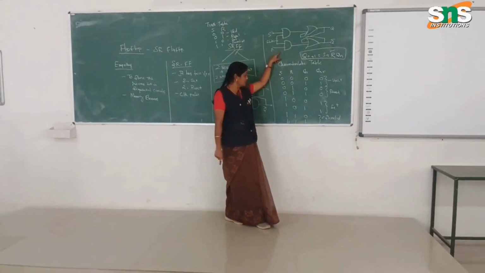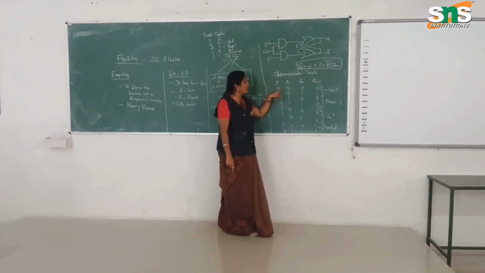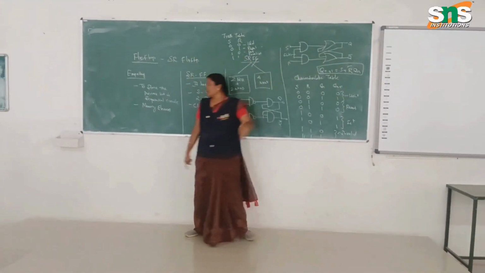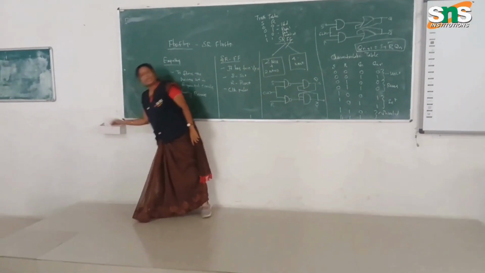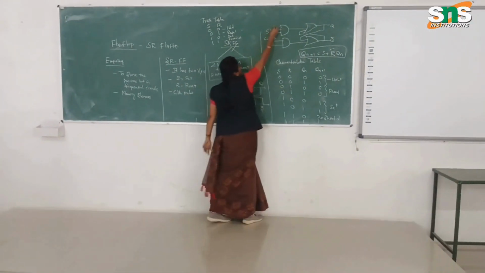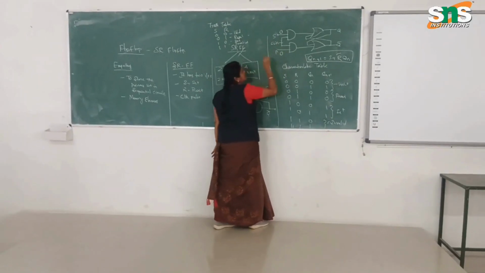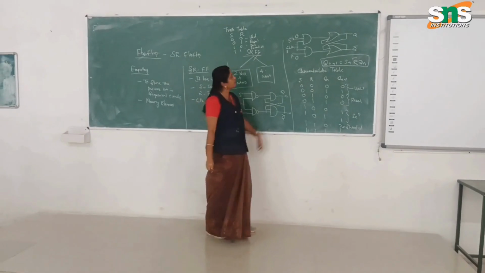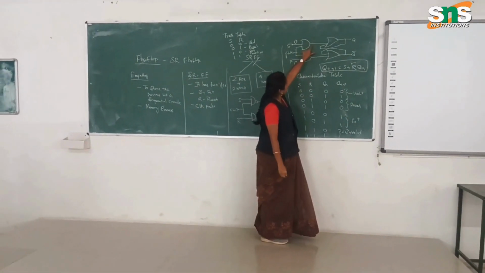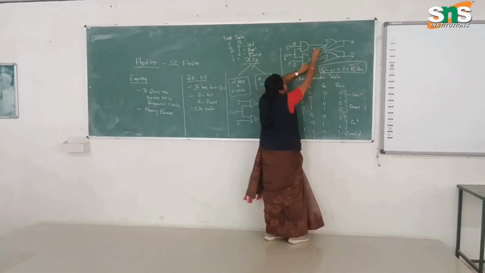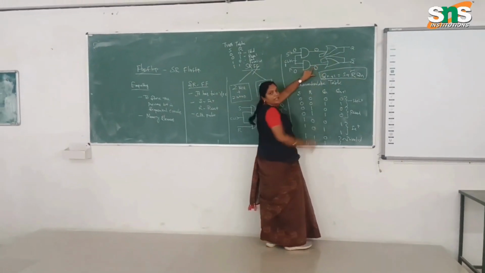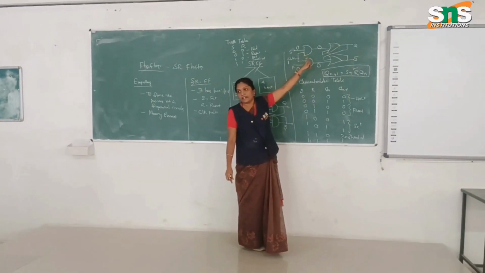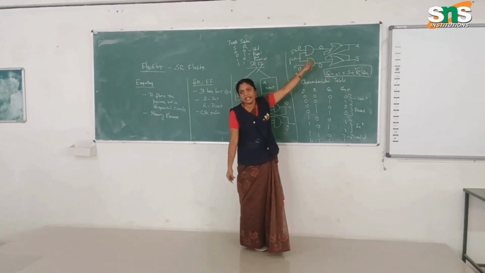So we can take this circuit. First input is S equal to 0 and R equal to 0, and the clock pulse is applied, that is 1. The outputs of these two AND gates are 0 and 0, because if any one of the inputs is 0, the output of the AND gate will be 0.